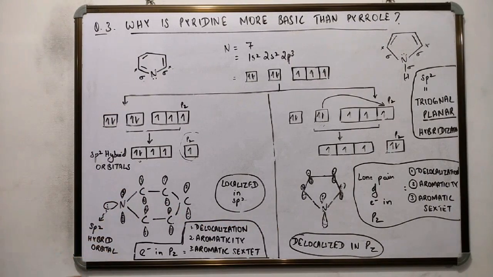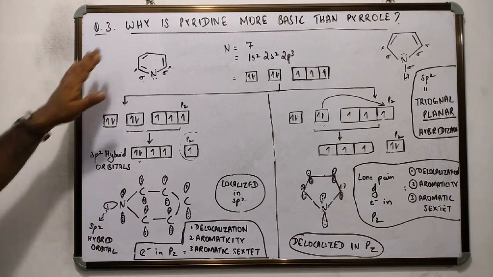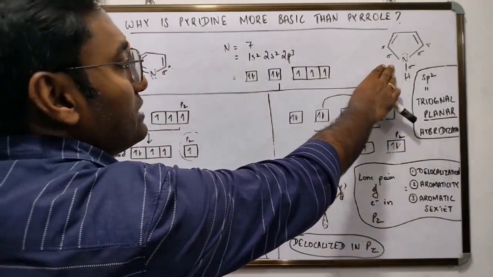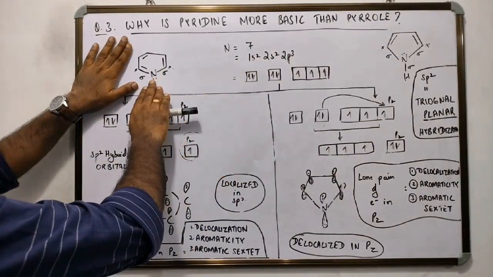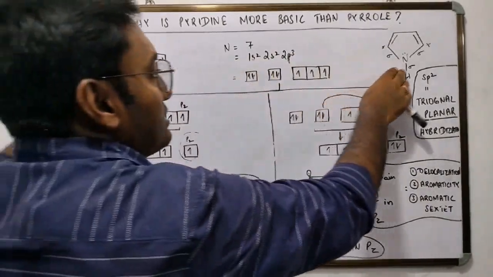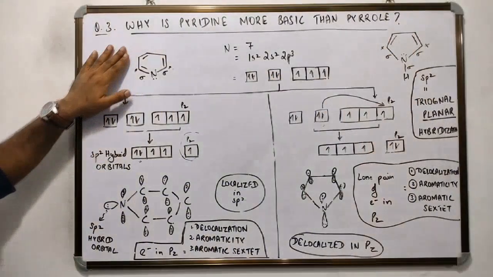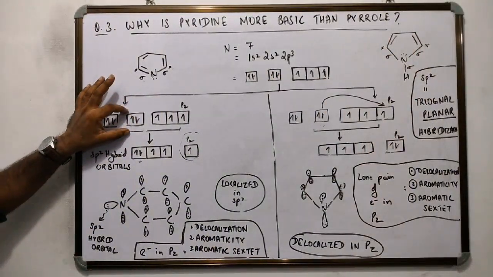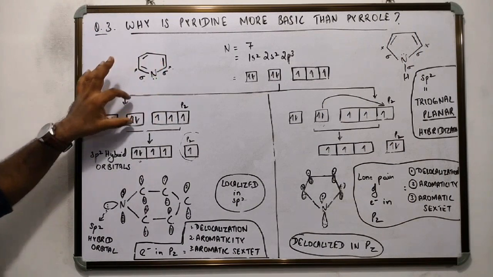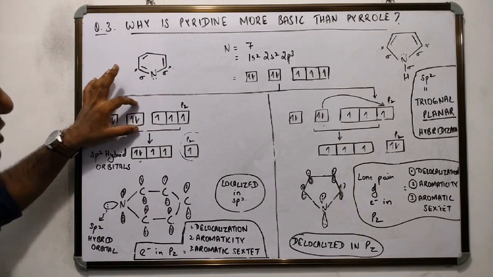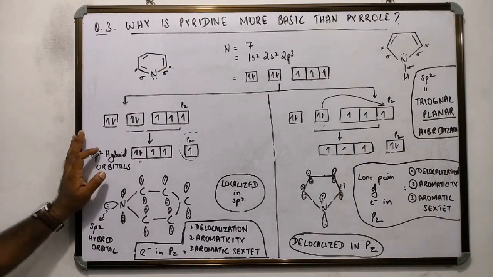Now, a question can come to the mind of a student: why are there two different kinds of sp2 hybridization for the nitrogen of pyridine and the nitrogen of pyrrole? In the case of pyridine, there is no jump of an electron from the 2s orbital to the pz orbital.